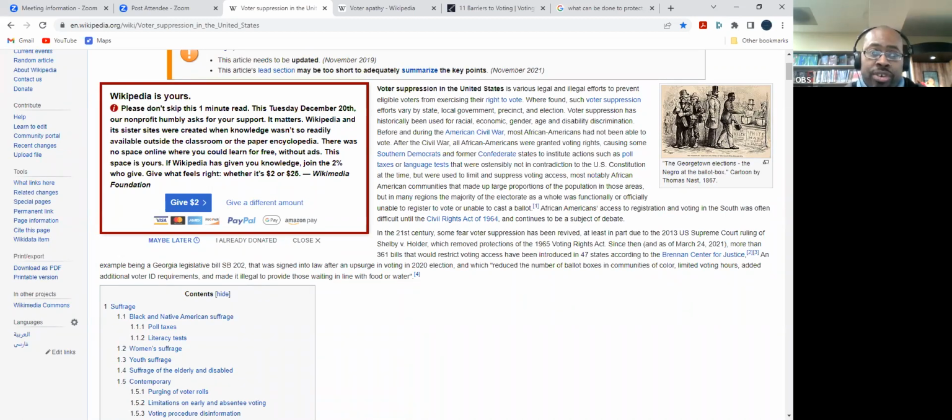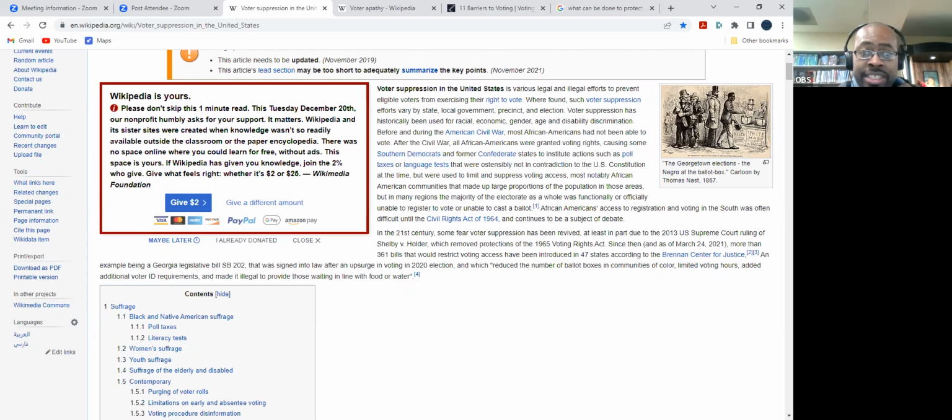But in the sense of the word, we kind of broke this down, it was still illegal but accepted. And these things were used to limit and suppress voting access, most notably in African American communities that made up large portions of the population in certain areas.